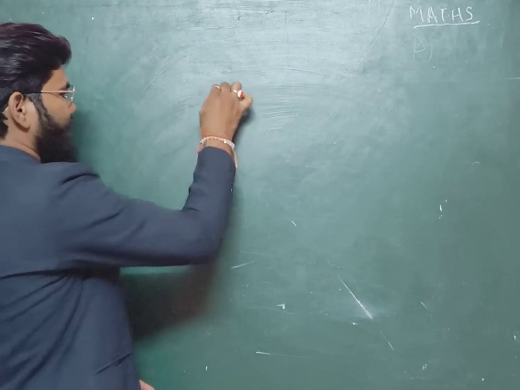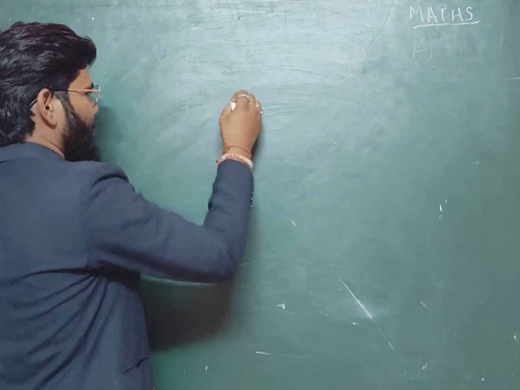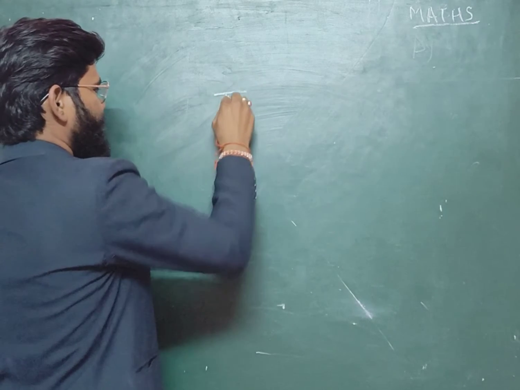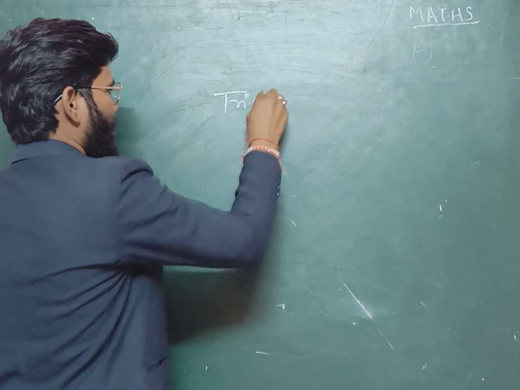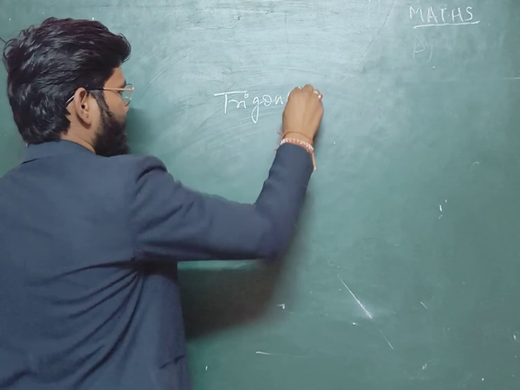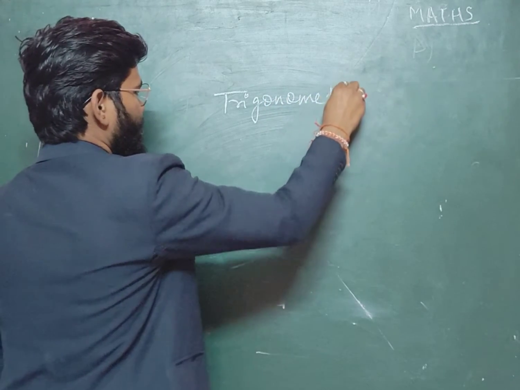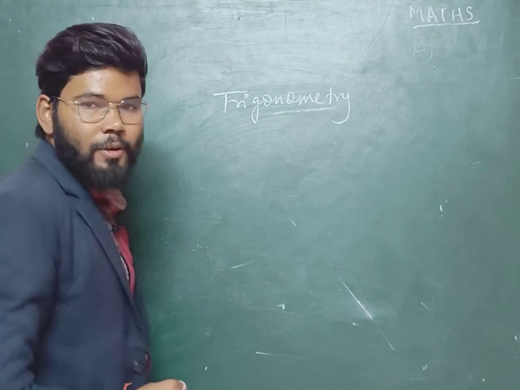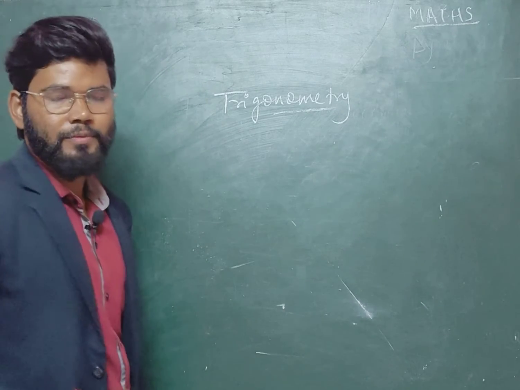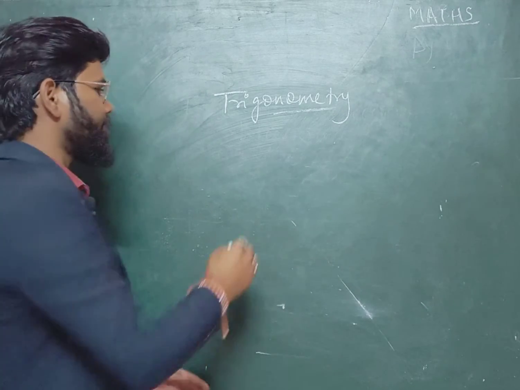As we know, in the case of trigonometry, it consists of two words. The first one is trigonon and the second one is metron.